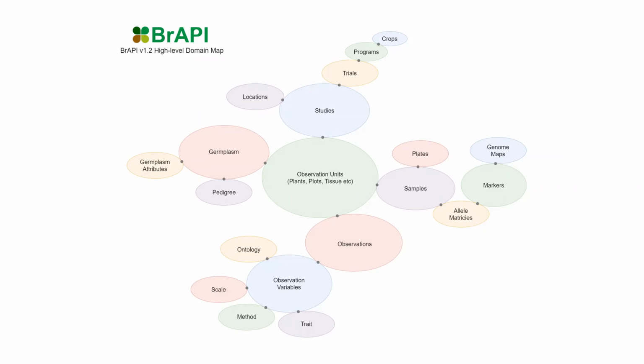I'll reiterate, this is an older model and it's flawed, but allele matrices represents the matrices of markers and samples. So markers are indirectly connected to samples through the matrix they may be connected in. Thank you.